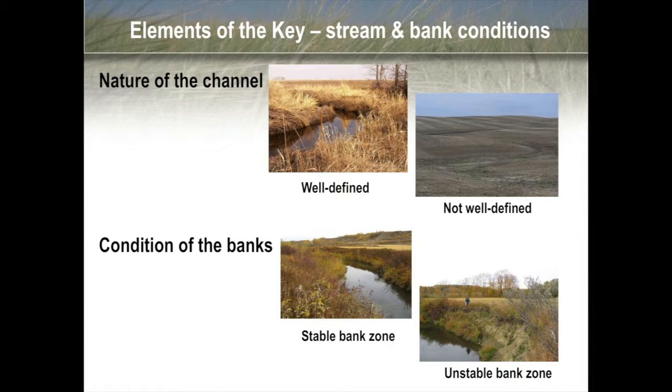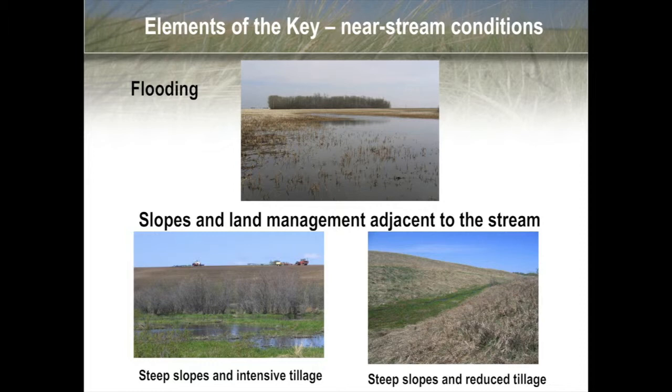So once those things are addressed, the questions lead you back into the main part of the key. And then we start looking at near stream conditions. And the first one deals with flooding. So in this area, how frequently does the floodplain flood? Is it an active floodplain? And this is a tough question sometimes for somebody to answer if you don't really know the land. But that's the key in working with the landowners.